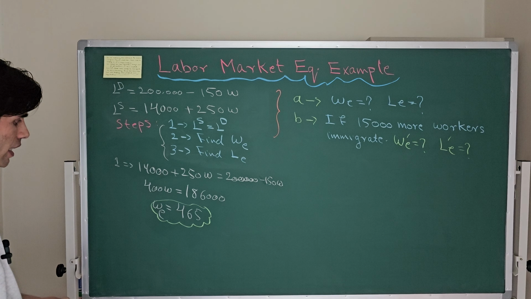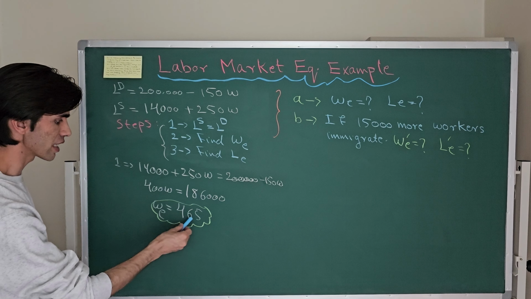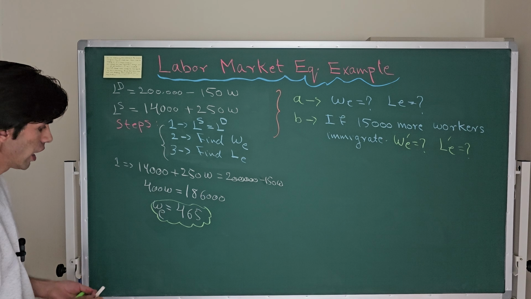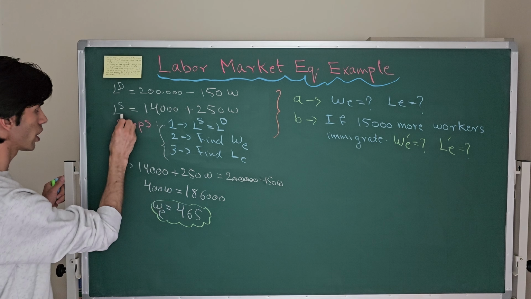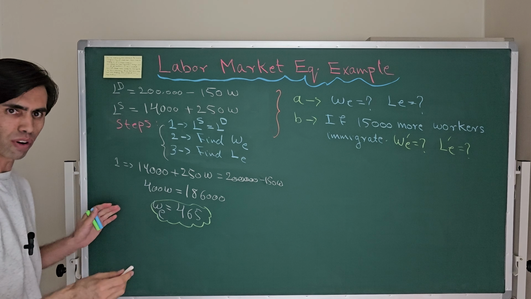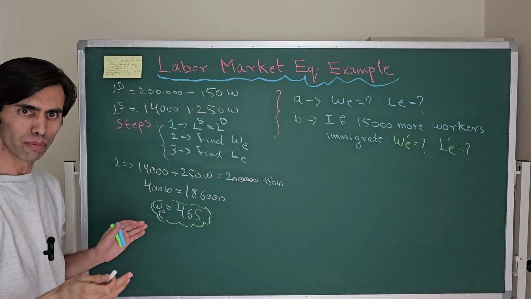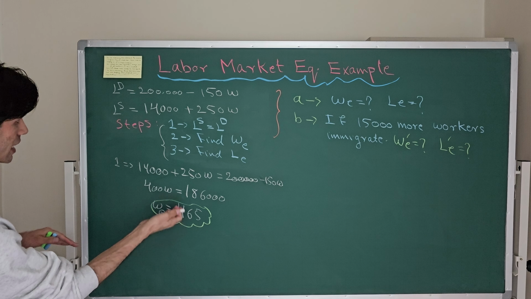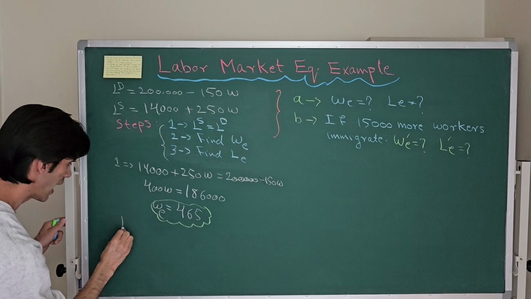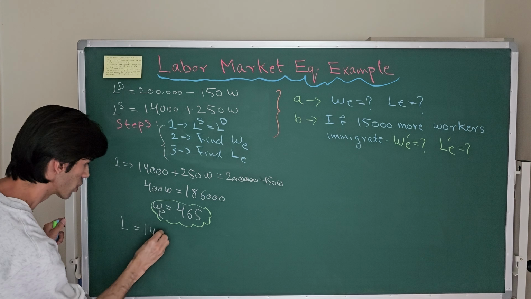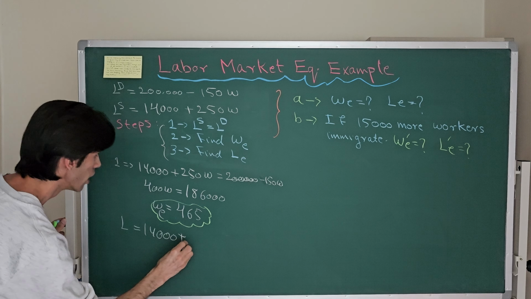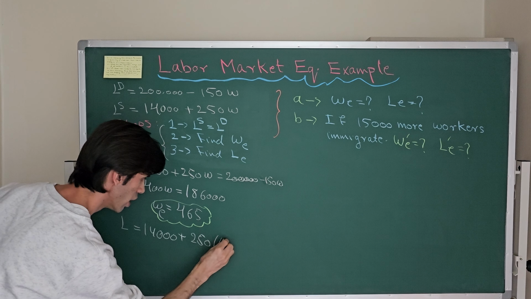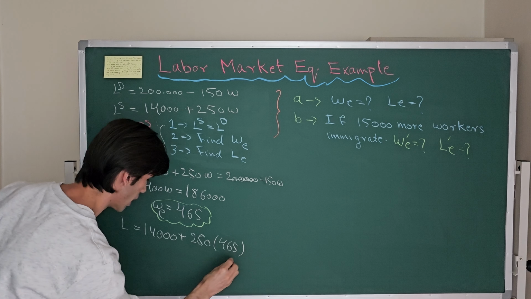Our market clearing wage is 465. In order to find the market equilibrium quantity, we can plug this number into either labor supply or labor demand, and we will find the labor market equilibrium quantity. Let's do it. Let's plug this number into labor supply. L is equal to 14,000 plus 250, and instead of W, plug in the value of WE.